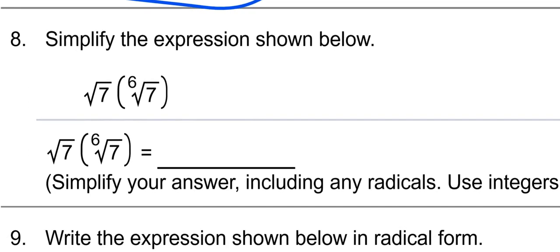How do you rewrite radical 7 as a power of 7? We'll make this our last one. 7 to what fractional exponent? 1 over something. What's the index on a square root? The index on a square root is not a 3.